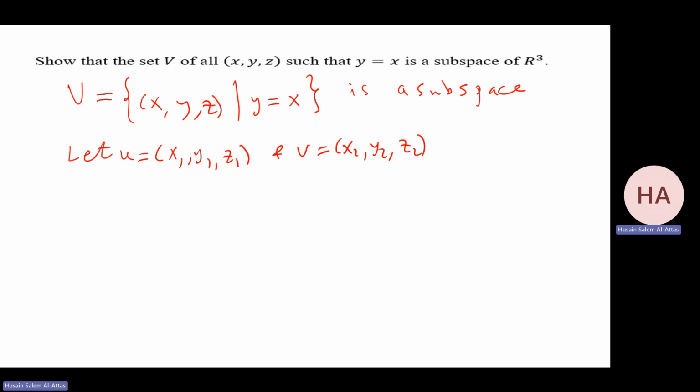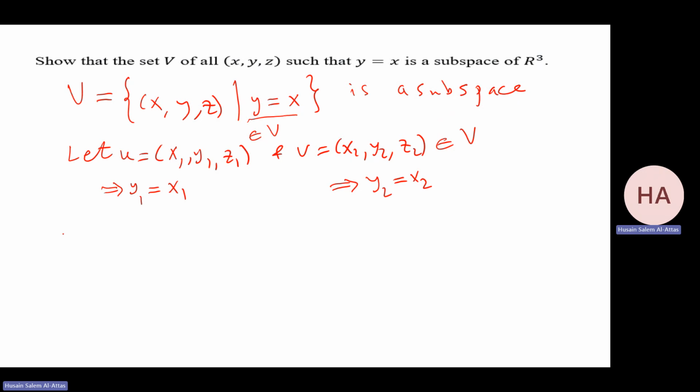U belongs to V and V belongs to V. If U belongs to V, it means it satisfies this condition: the second component is equal to the first component. If V belongs to V, it satisfies the condition: second component equal to the first component.